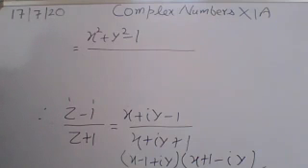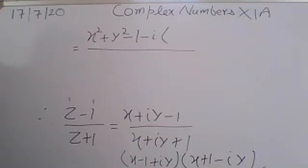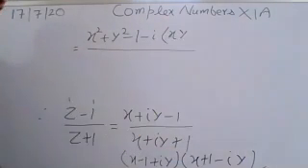Understand? And for the imaginary part, here you have minus i into, multiplying its terms, you write xy plus y.